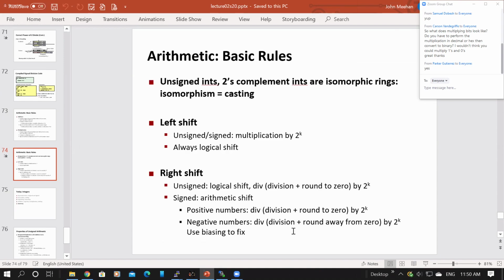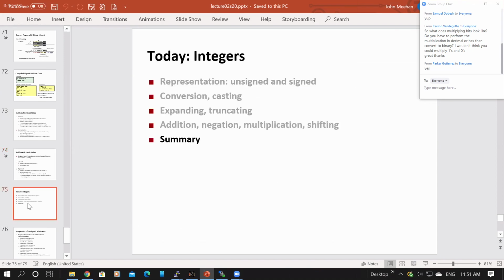And then to deal with the rounding towards zero thing, we have to add the bias in to fix the fact that if you just lopped it off, you're rounding the negative results away from zero, which is not what you want. You want both the positive and the negatives to round towards zero. Everybody cool with that?